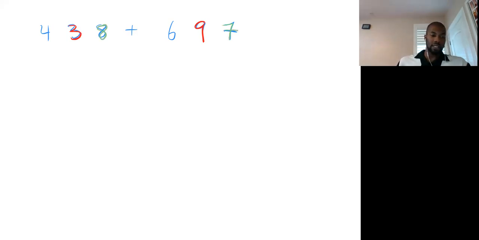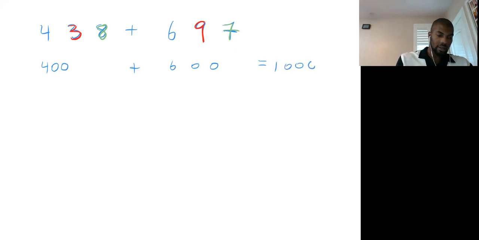All right, 438 plus 697. So I've got a 400 here, and I'm going to add that to the 600 over here. 4 plus 6 is 10, so that's 1,000. All right. So that takes care of the hundreds.